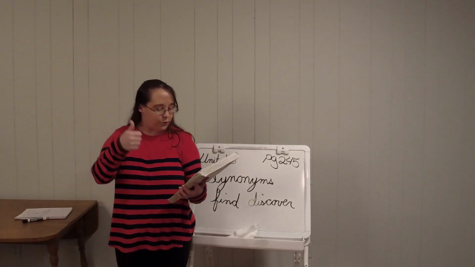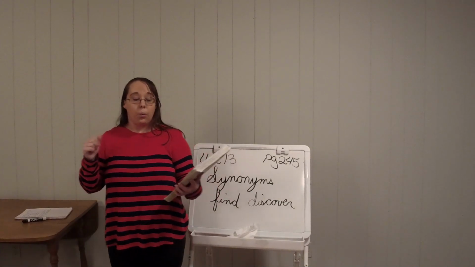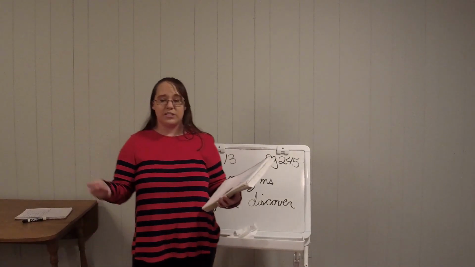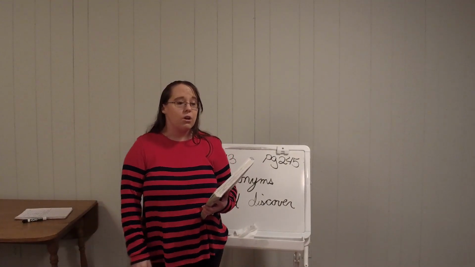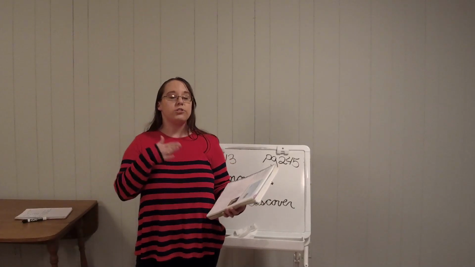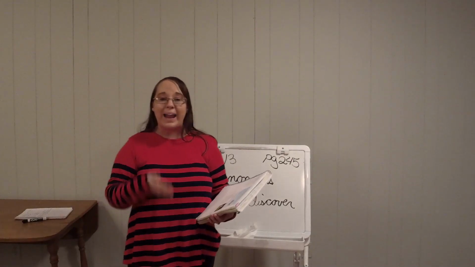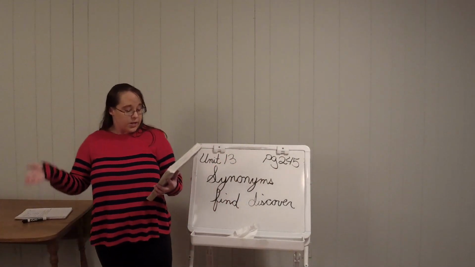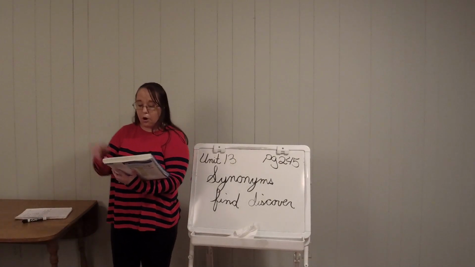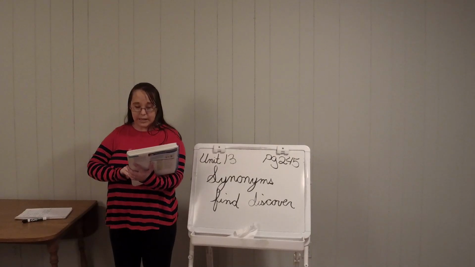You have food, fruit, pineapple. Which one makes the better sense? Are you going to say, I ate some food, or I ate some really good fruit? Why don't you tell them, I ate a really juicy piece of pineapple? So you would circle pineapple. Synonyms are words that have the same or nearly the same meaning.